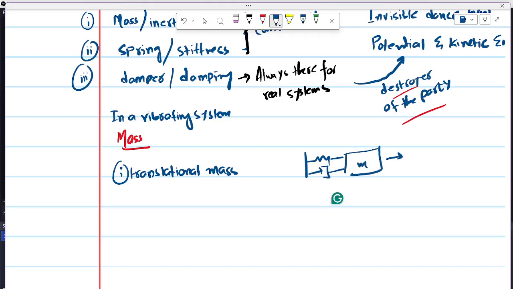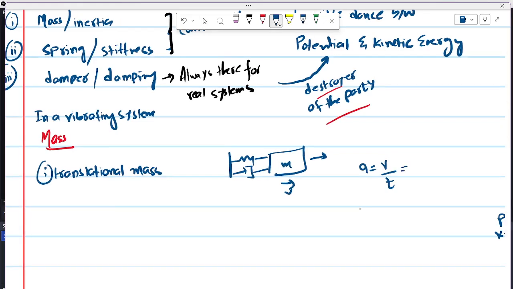It is moving in the same direction. That's a translational mass. We know that acceleration a is equal to the change in velocity over time, basically dv over dt.